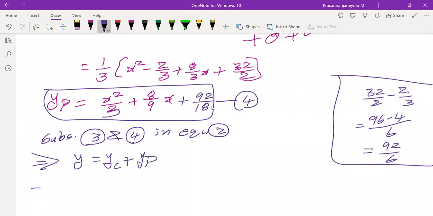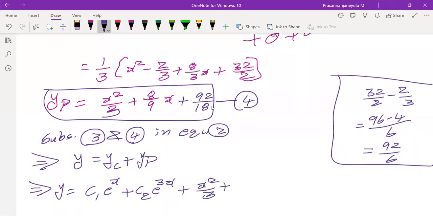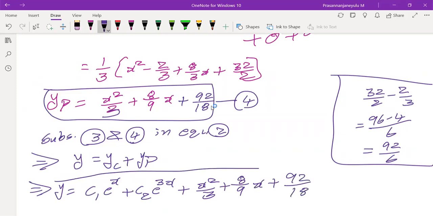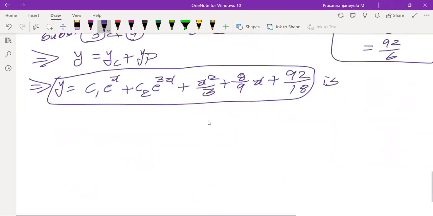Then we'll get y equals to yc, which is, I think, c1 e power x plus c2 e power 3x, plus yp, which is x square by 3 plus 8 by 9x plus 92 by 18. If you do simplification, you write whatever the simplified value. Hence, this is a general solution of the given differential equation. This is a process of type 3.